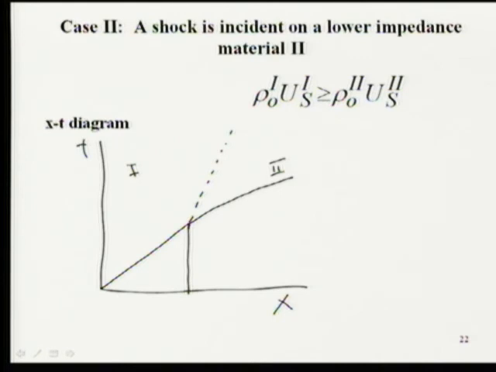Again, the same rule. If you have a shock coming into a boundary, it'll cross the boundary as a shock. But if it's a low impedance material on the right, it reflects the opposite type of wave back into 1. That's the little rule that you're supposed to have memorized.